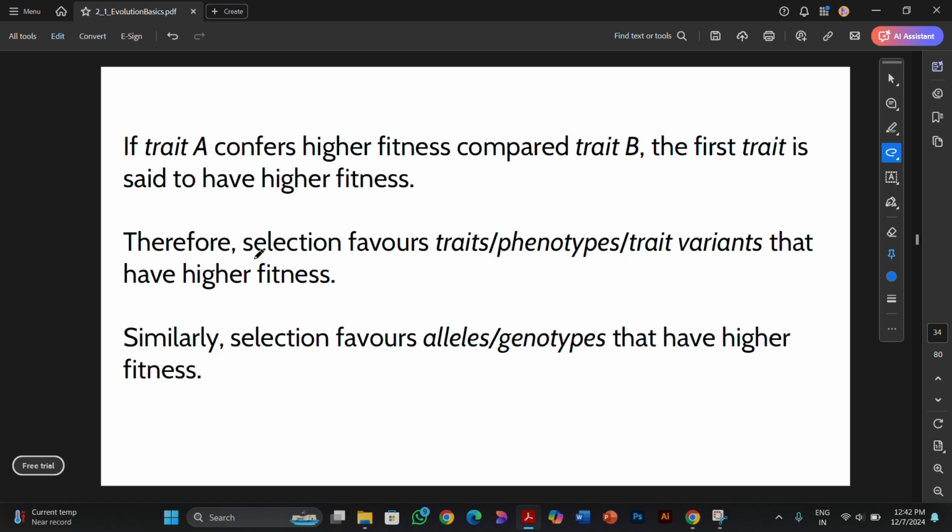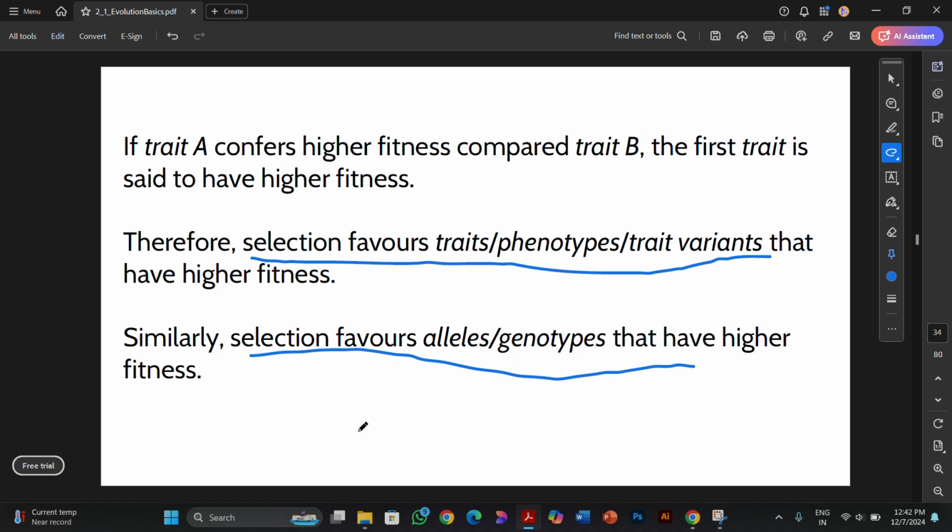Now, natural selection favors traits, phenotypes, trait variants that have higher fitness. Similarly, selection favors alleles and genotypes that have higher fitness.